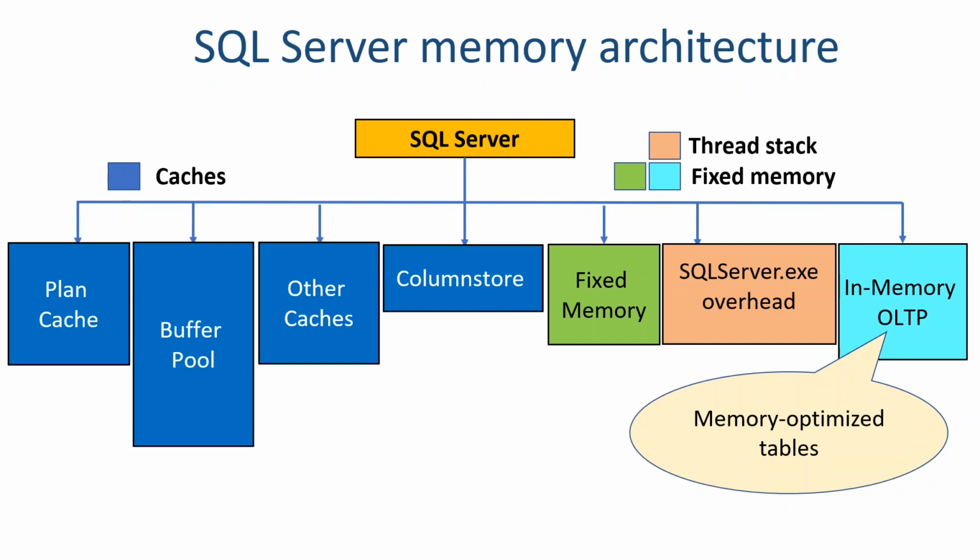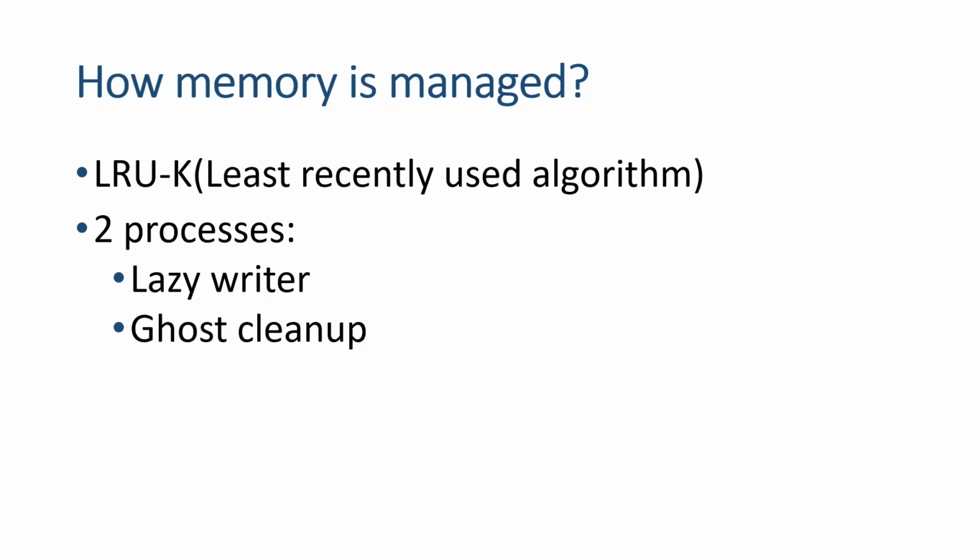Now let's see how the plan cache and the buffer pool get managed inside SQL Server. There is something known as the LRU-K algorithm, which is the least recently used algorithm. The K is for the complexity of the code. Now what is this LRU? LRU means if something is staying in the cache for a longer time, those kinds of things will be discarded first.